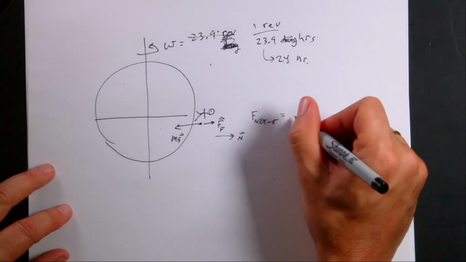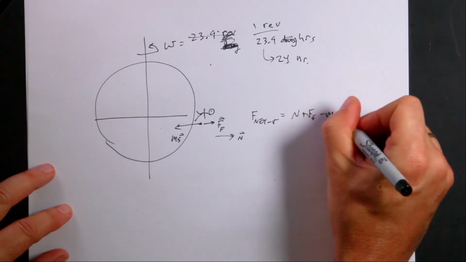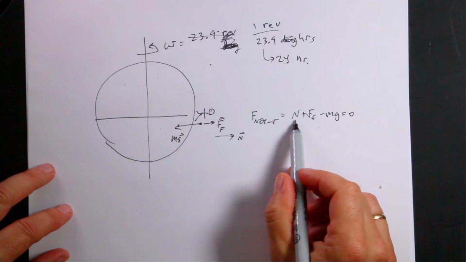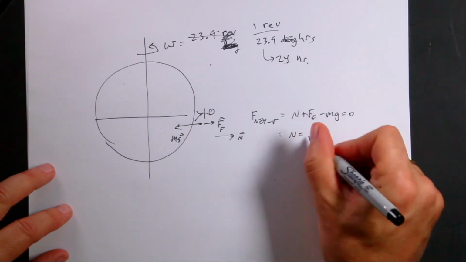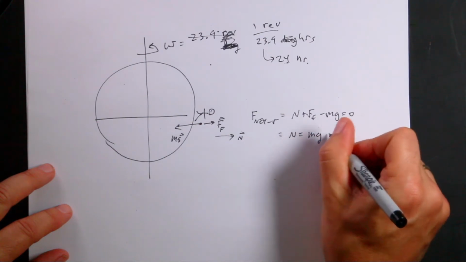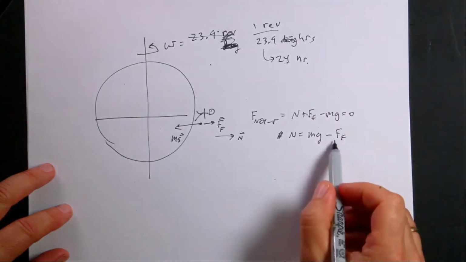It's going to be equal to N plus F fake minus mg equals 0. So I can solve for N. N is going to be equal to mg minus F fake. And so now I can find the fake force.